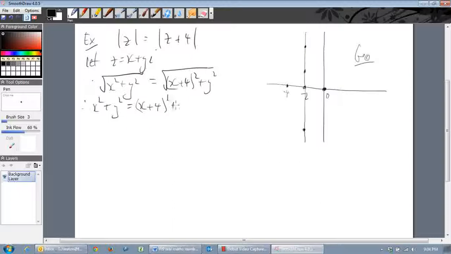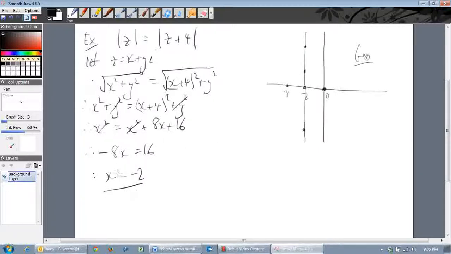Should have expanded there and then. Never mind. Therefore, y² cancel. x² = x² + 8x + 16. x² now cancel out, therefore we get -8x = 16, therefore x = -2.